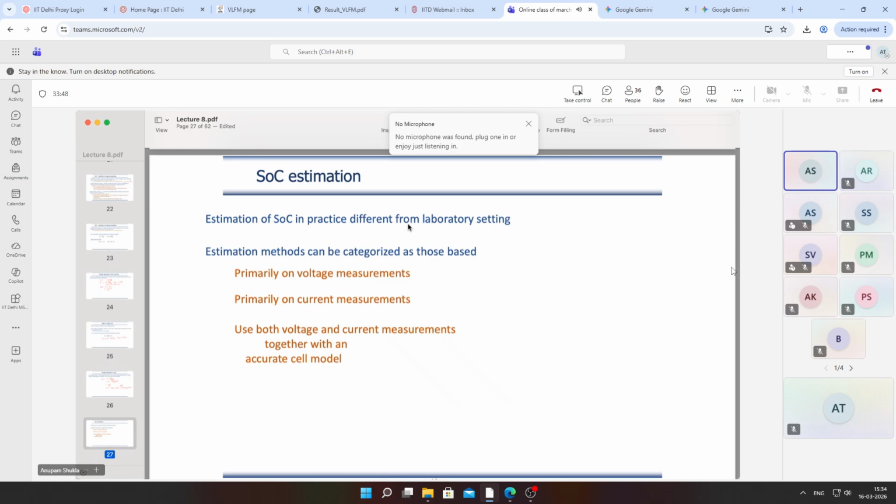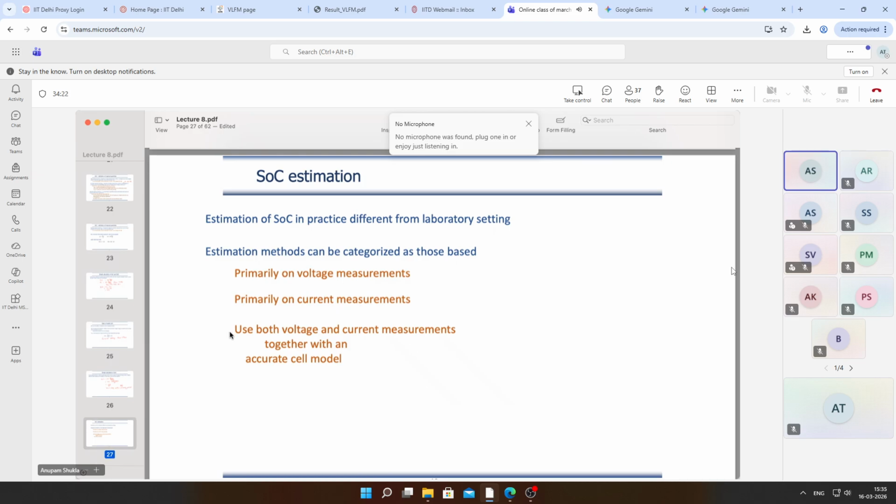Based on what you can measure, there are categories of estimation methods. There are methods that primarily rely on voltage measurements to estimate the state of charge. So measure the terminal voltage of the cell and from that decipher what the state of charge would be. Or methods which do not rely on voltage but rely on measuring the current flowing through the cell and from those measurements estimate the state of charge of the cell.